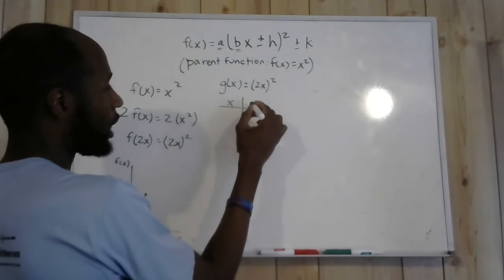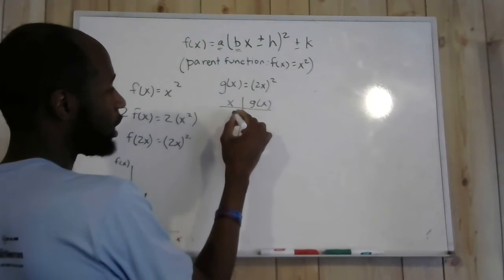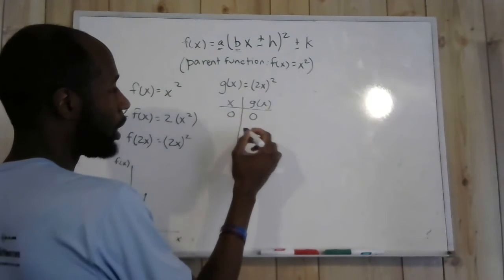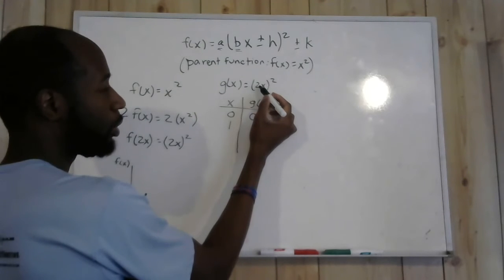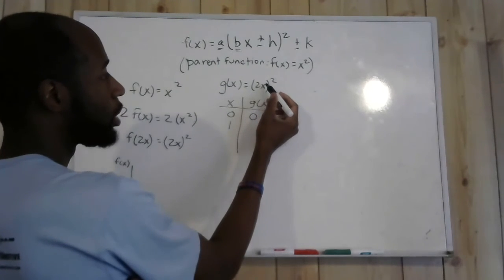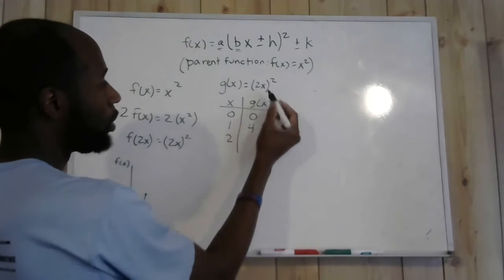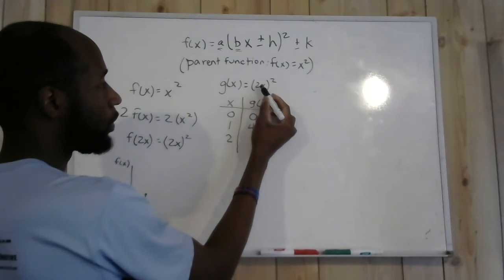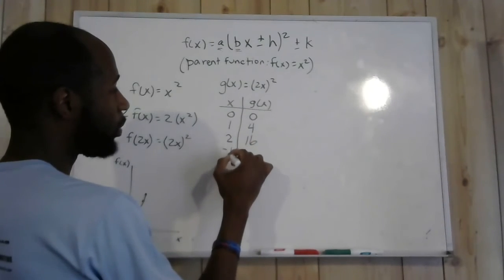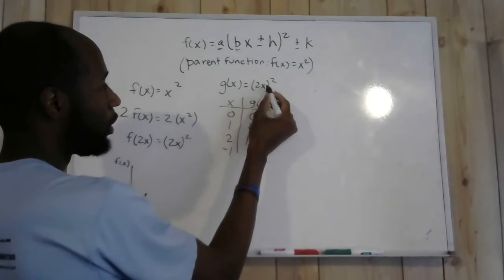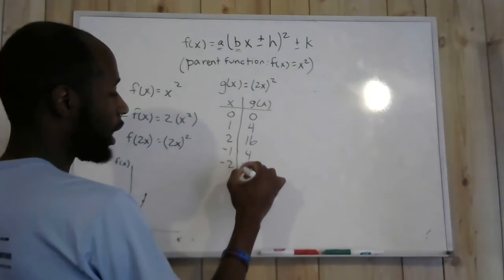So x values and then g of x. So when x is 0, g of x is 0. Okay, x is 1. 1 times 2 is 2, and then 2 squared is 4. When x is 2, 2 times 2 is 4. 4 squared is 16. So then we'll go back in the negative direction. When x is negative 1, that's negative 2 squared is 4, and then this is going to be negative 16.